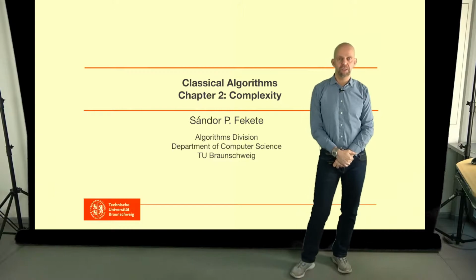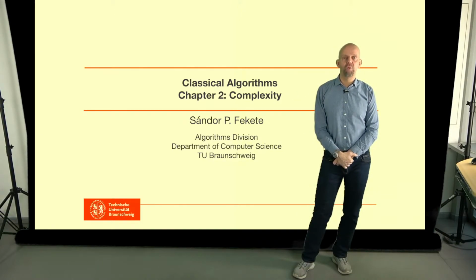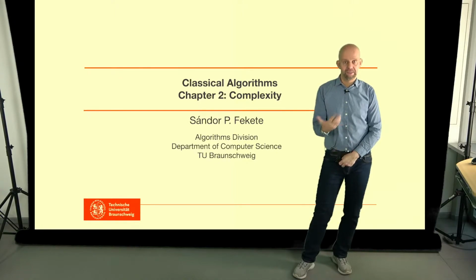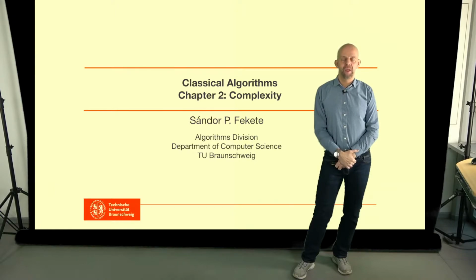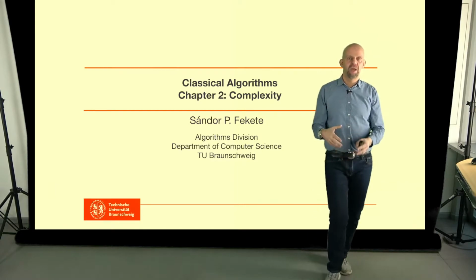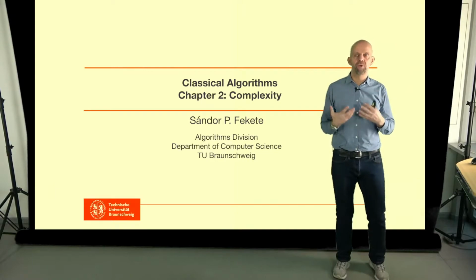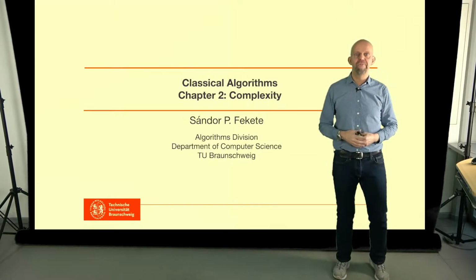So, classical algorithms. And here's the thing about complexity. What we want, ideally, is not to solve these problems by hand, but we want a computer to do this for us. And now there may be some difficulties because a problem may not just roll over and say, okay, solve me, but a good problem, a difficult problem fights back.